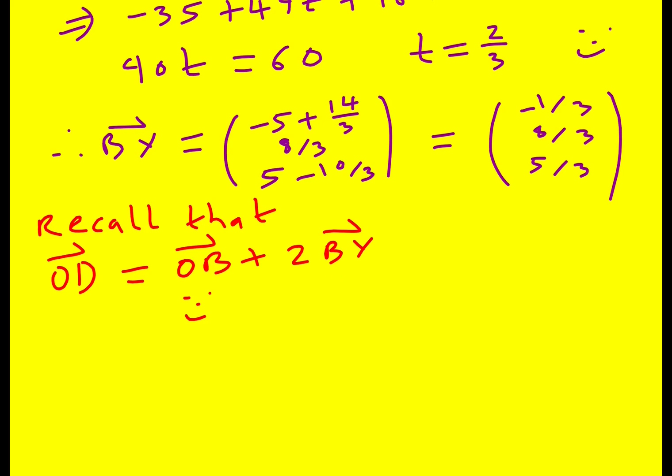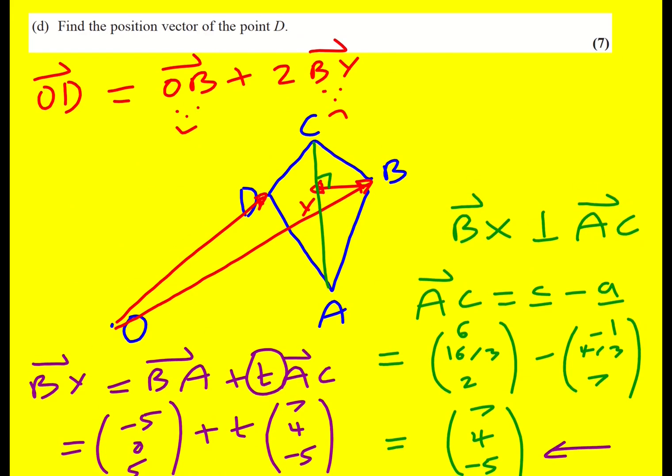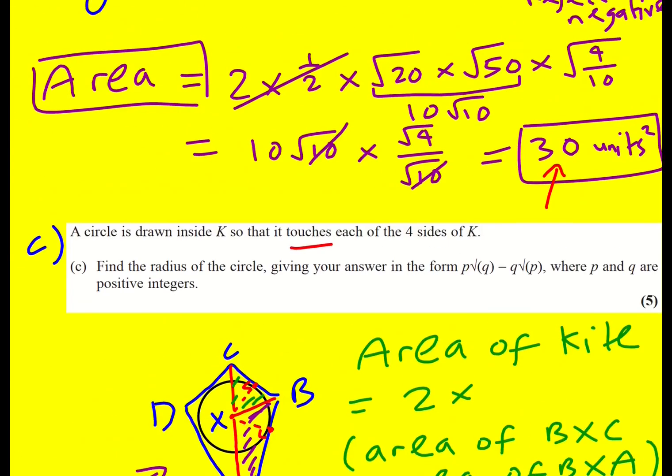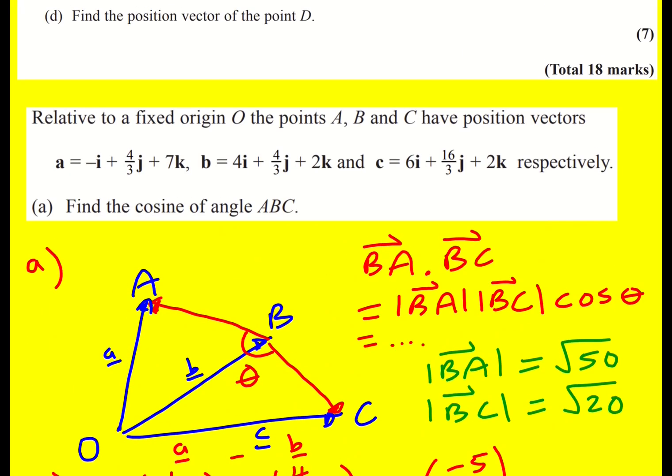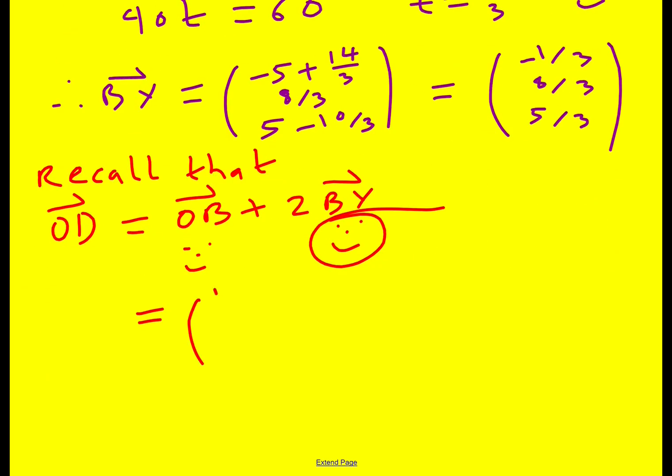Now we had this one at the start, and now we are like this. So OB, where's it gone? Right, okay, all the way back up here. OB is going to be 4, 4/3, and 2, plus 2 lots of BY, so minus 2/3, 16 over 3, and 10 over 3.